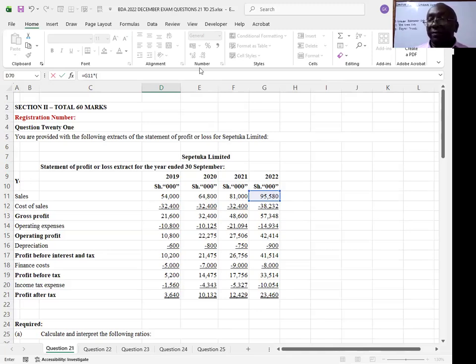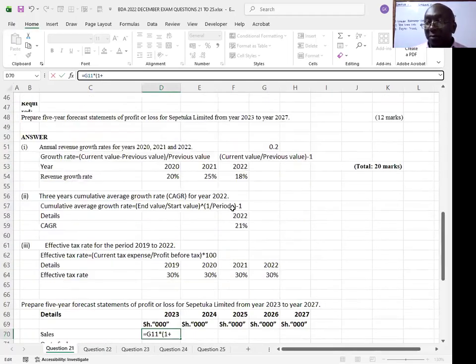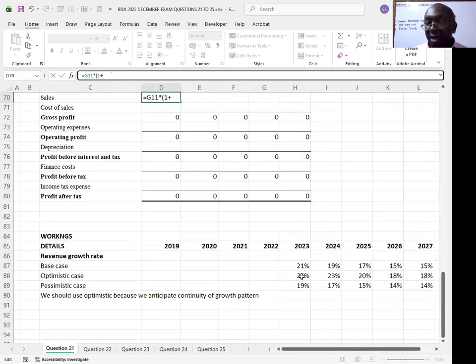When you open the brackets, you say 1 plus, you come and take this optimistic, this one here, and close the brackets. So press enter and tell me the figure.